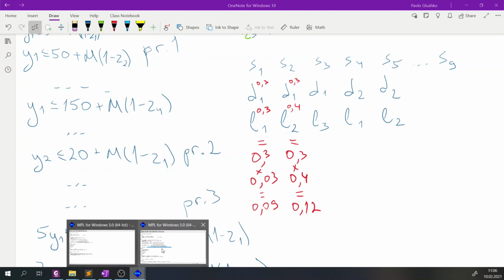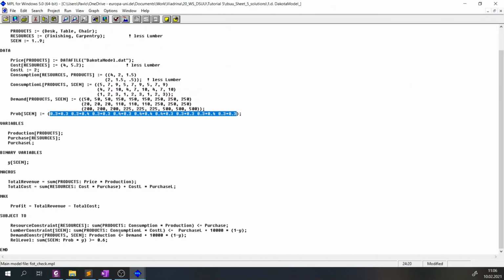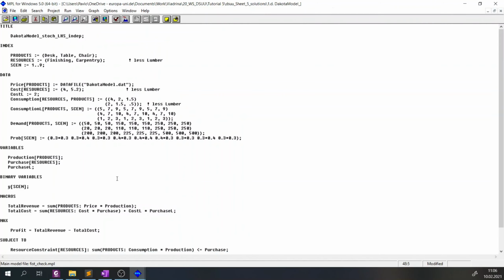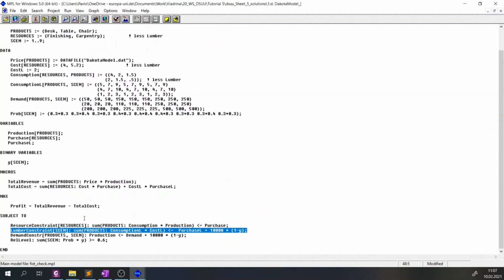And now you see it looks much more compact than in the mathematical expanded formulation. So here we have the lumber constraint. In the objective function, we don't change anything. What we change is the constraint for the lumber.